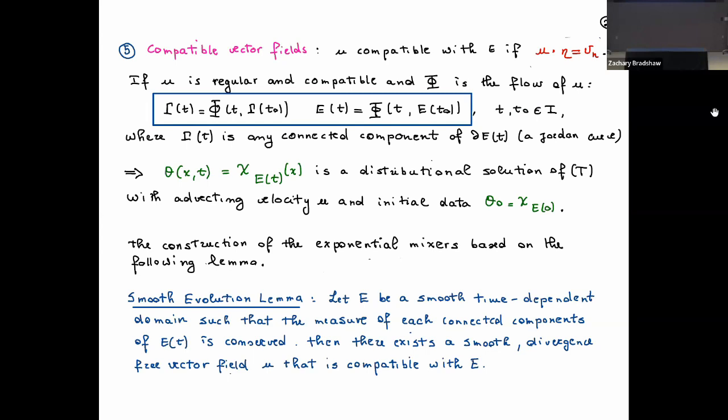So if U is regular and compatible and phi is the flow of U, then you have this very nice fact that the image of the set at any given time, under the flow of U, gives you exactly the set at the later time. And that's also true of the boundary. And that's why we can reduce to just studying what happens on the boundary of the set.